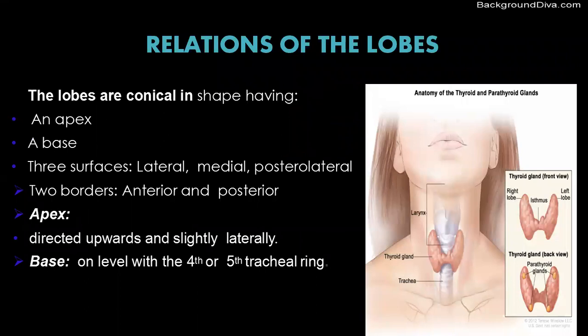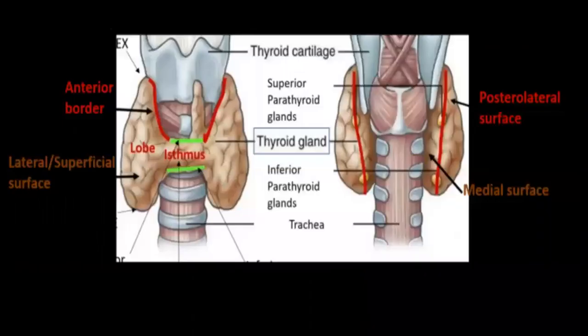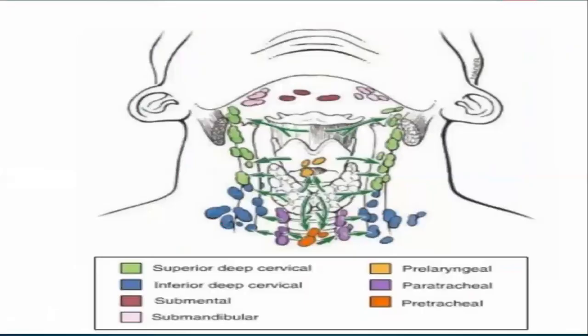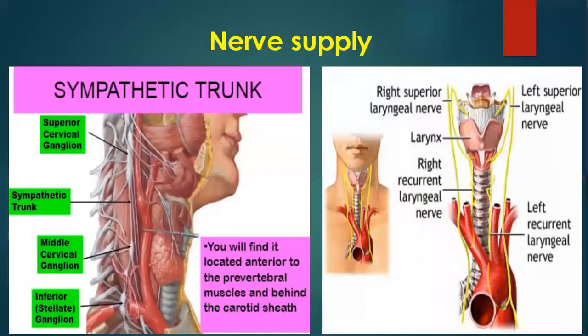Under the relation of the lobes, apex, base, three surfaces, two borders of the thyroid gland, and two borders of the isthmus. And next we discussed the blood supply, lymphatic drainage, nerve supply, and finally histology of the thyroid gland.